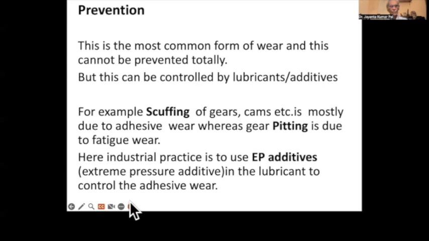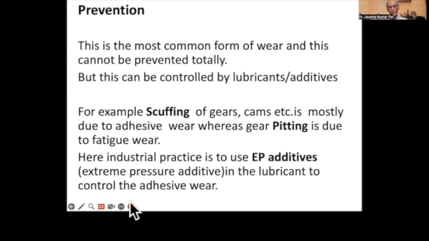I think the scuffing of gears is probably well known. If scuffing of gears or cams occurs, it occurs because of the very concentrated contact and very high contact pressure. This is usually adhesive, so we have to use a lubricant with some particular additives.